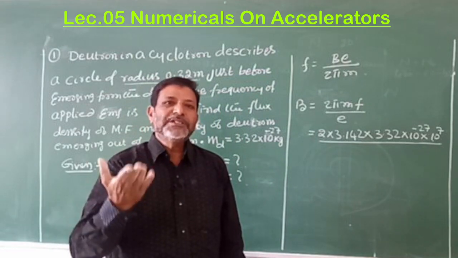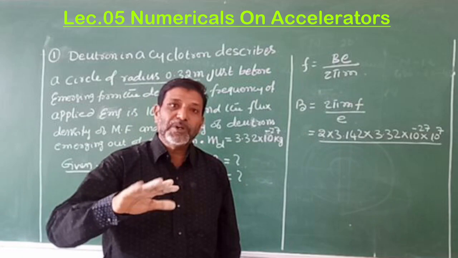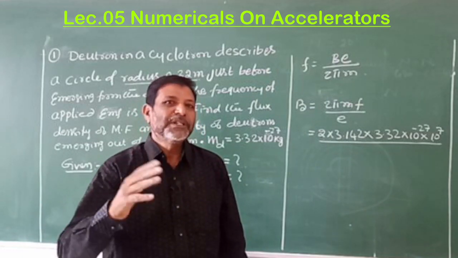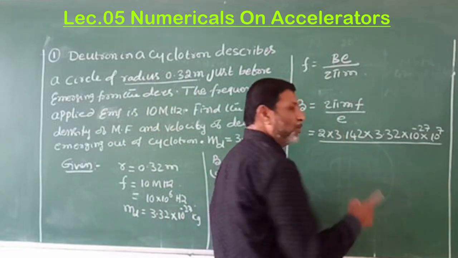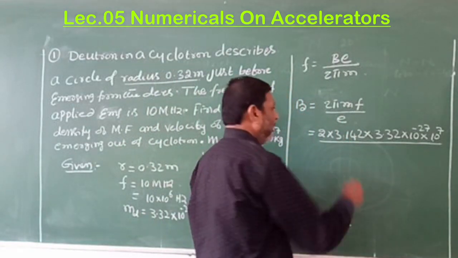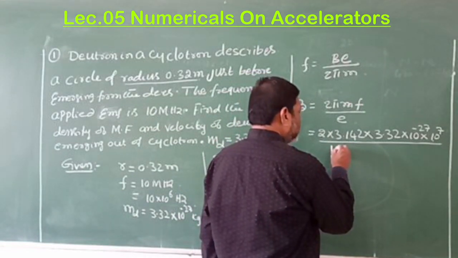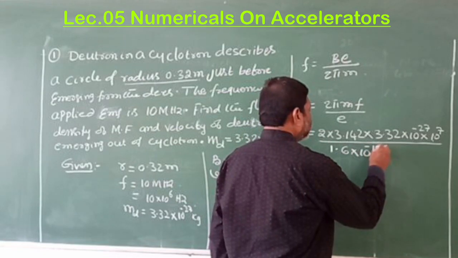Then the charge is equal to the charge of 1 proton, and the charge of the proton and electron are one and the same. Therefore, the charge of the deuteron is equal to the charge of the electron. What is the value of the charge of the electron? It is 1.6 into 10 raised to minus 19.